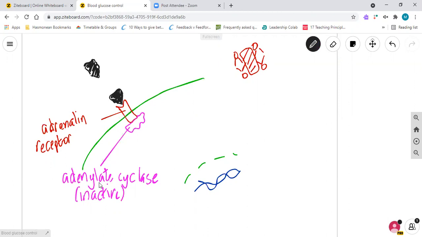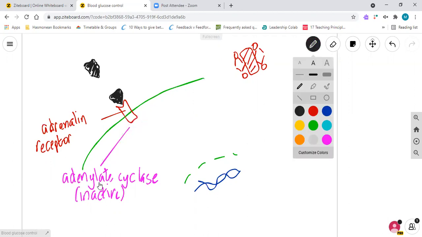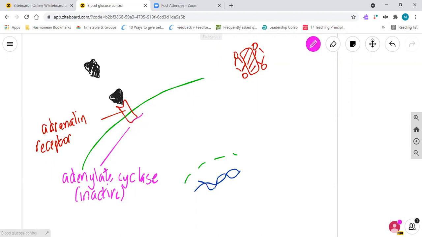When it does that, it changes the tertiary structure of the adrenaline receptor. And because the adenylate cyclase is attached to it, it also changes the shape of the adenylate cyclase. That change in shape makes the adenylate cyclase active. Okay, so let's write that first.